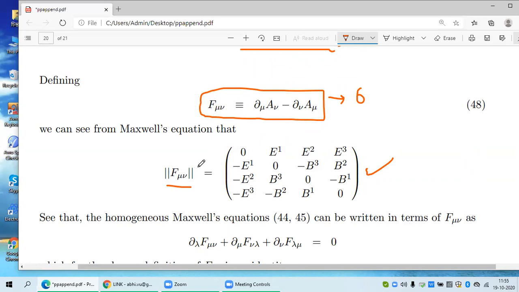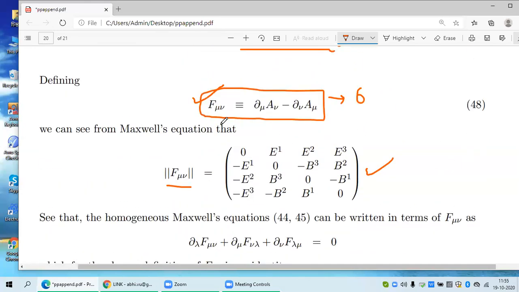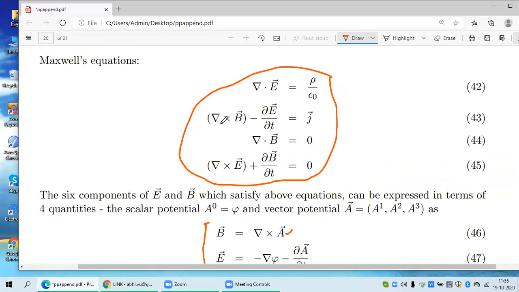Now you can check that because of this form f mu nu, if you want to write these equations, divide Maxwell's equations into 2 parts. The last 2 are called homogeneous Maxwell's equations because of this 0 on the right hand side.